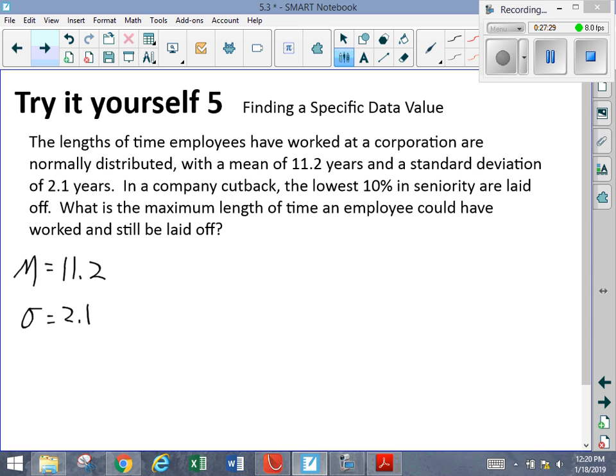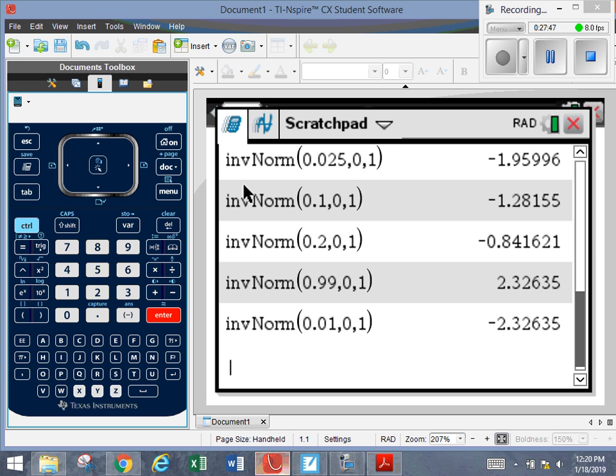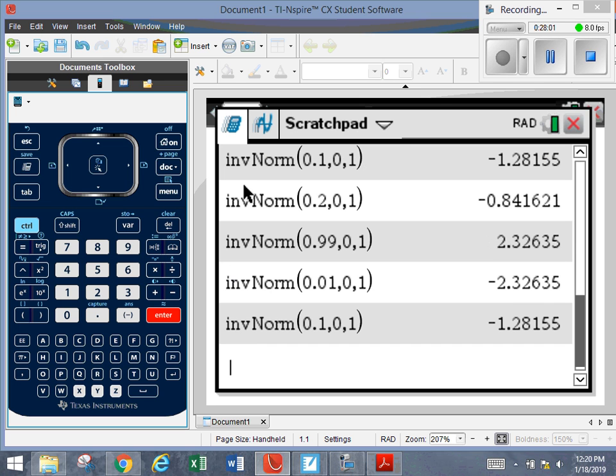First thing we need to do is find a z-score that corresponds to 0.10. We go to the calculator, it's much quicker. All I have to do is change this to 0.1, same thing as 0.10. Now I get negative 1.28.